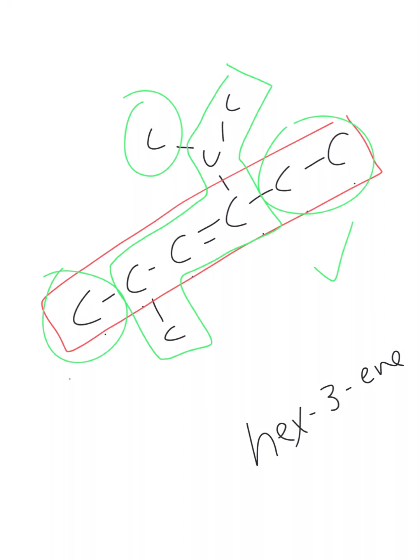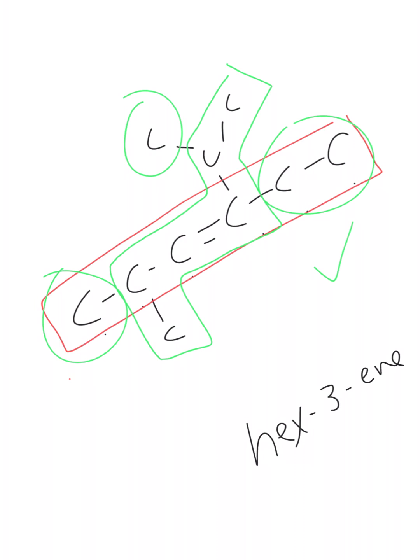Is it going to be 2-methyl, 3-ethyl, 5, or, so we can do 2, 3, 5, or we can do 2, 4, 5. What's better, 2, 3, 5 or 2, 4, 5? Well, the answer is 2, 3, 5, because 2, 3, 5 are smaller numbers than 2, 4, 5.